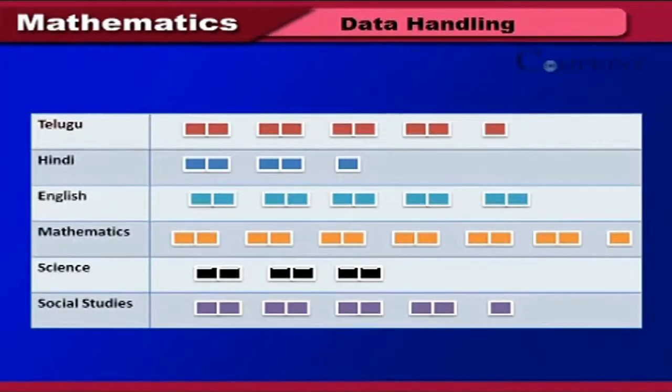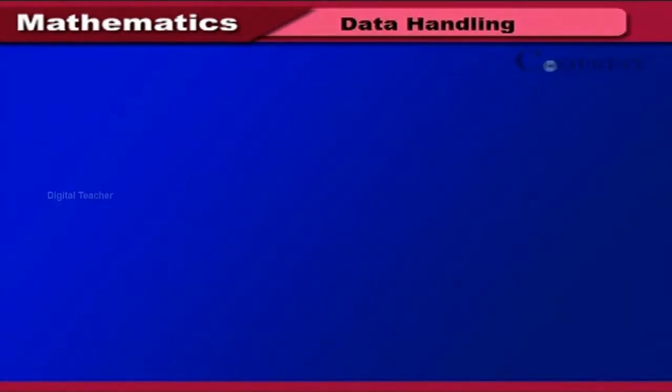Hindi: 2 full pictures, 1 half denoting 250 books. English: 5 full pictures to denote 500 books. Mathematics: 6 full pictures, 1 half picture to denote 650 books. Science: 3 full pictures to denote 300 books. Social Studies: 4 full pictures, 1 half picture to denote 450 books.